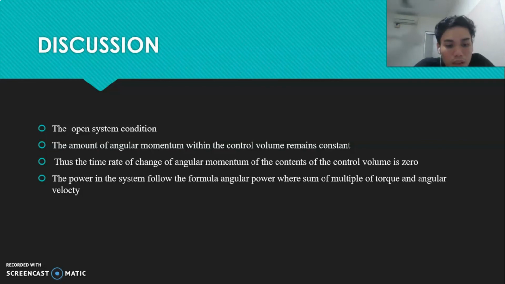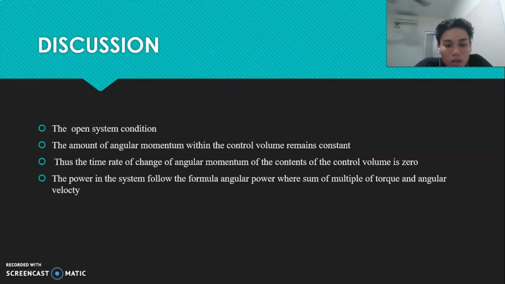The principle is the same as the water turbine in a hydropower station. There are a few assumptions to follow, which is that the flow of wind is in steady state. During the steady flow, the amount of angular momentum within the control volume remains constant, and thus the time rate of change of angular momentum of the content of the control volume is zero.